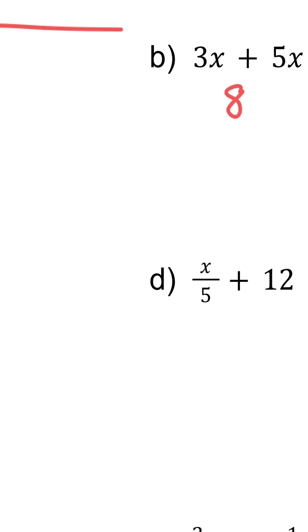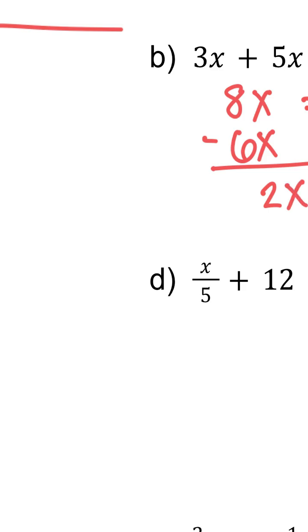Okay, so now I have 8x, and I'm going to bring everything else down. Move the 6. How would I move that? Right, minus 6x. So now I have 8 minus 6, 2x, negative 20. Good, divide by 2.